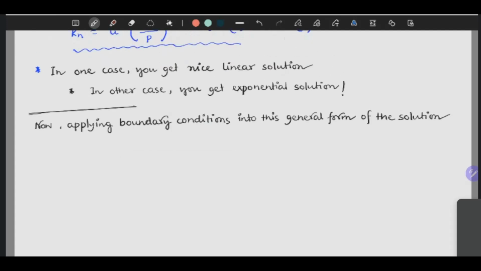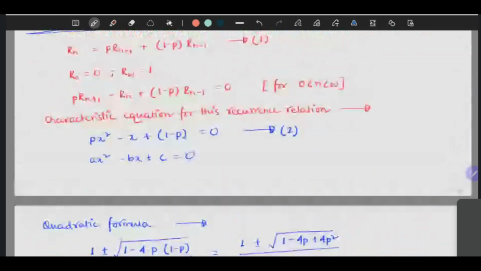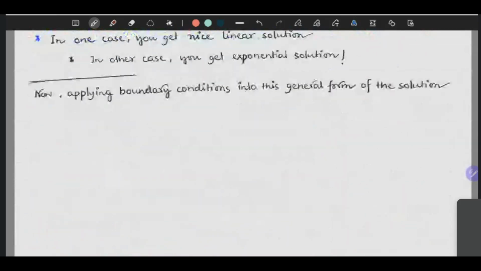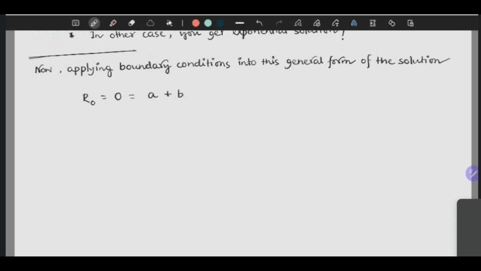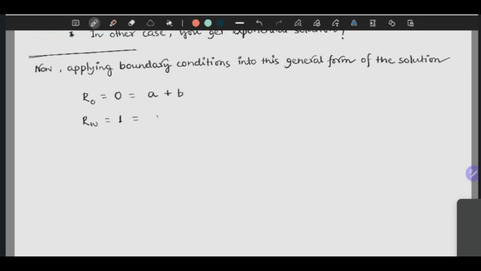So first, r0 was 0, so if you substitute this value, a plus b becomes 0, and rw was 1, that makes a times (1 minus p by p) to the power w plus b equal to 1. Now you need to solve these equations.